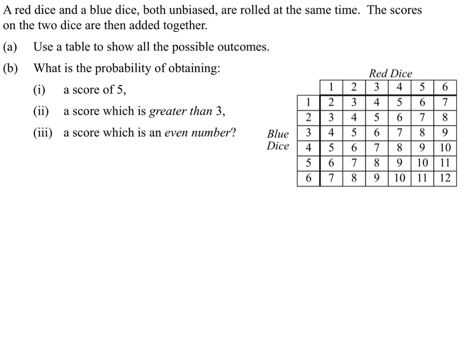So the probability of getting a score of 5, well, we can see here that there are 1, 2, 3, 4 5s, and in total in this table, we've got 6 columns, we've got 6 rows, so in total there's 36 possibilities.